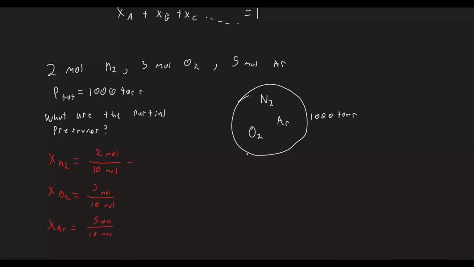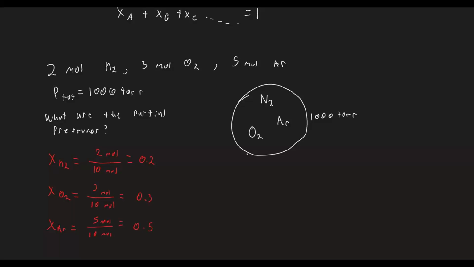And so if we do that basic math, we get 0.2, 0.3, and 0.5. And you will see if we add all of these together, we get 1.